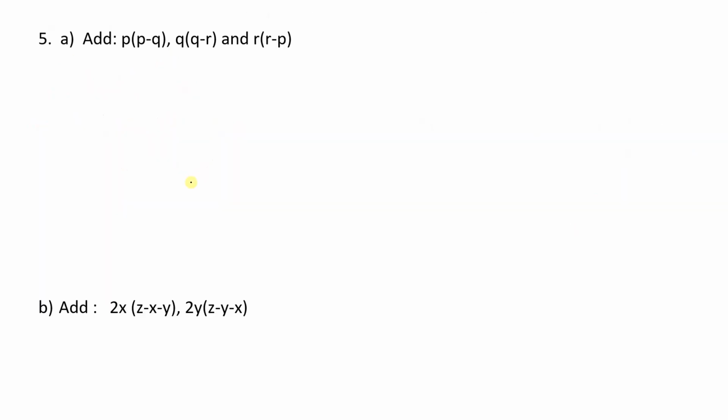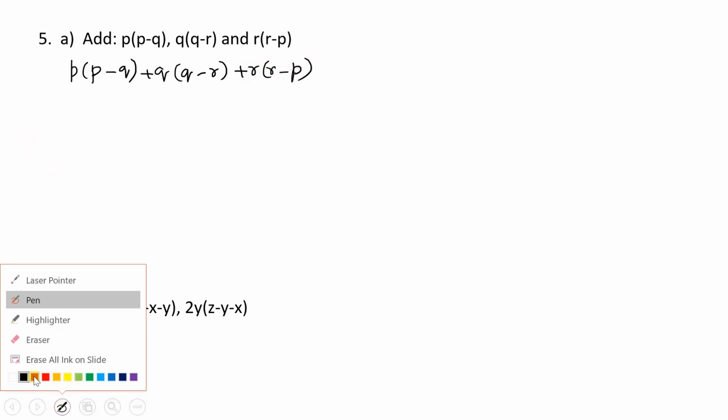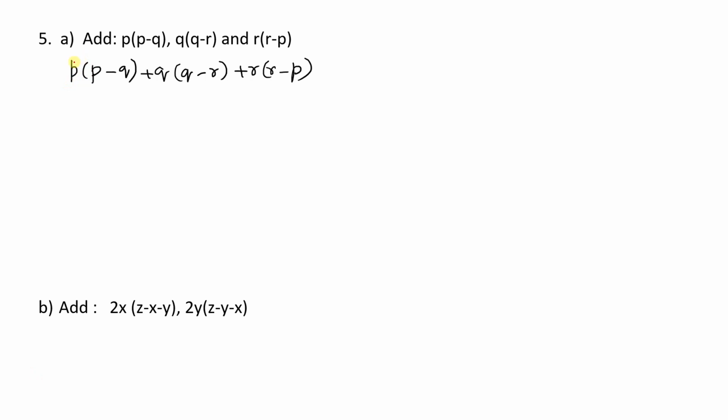Next, fifth question. Add p into p minus q, you have to find the product of this and then you have to add. So p into p minus q plus q into q minus r plus r into r minus p. Now, what is p into p minus q? It is p into p is p square minus p into q is pq. Okay.